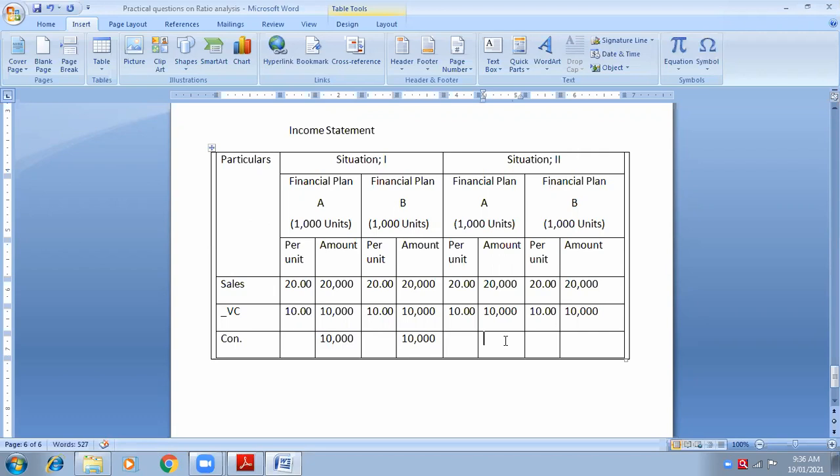And how to find the contribution per unit of 10,000?